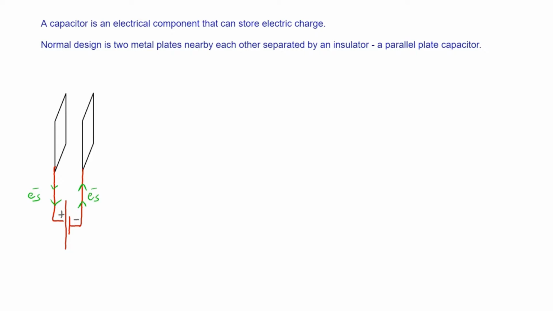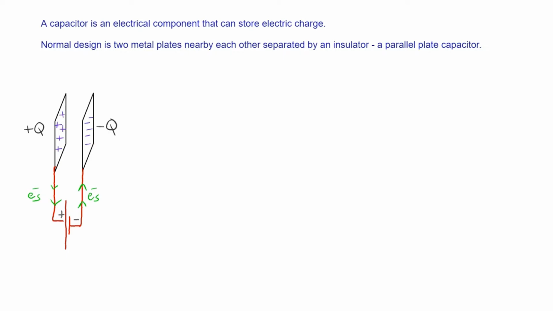So we end up with the left-hand side plate having a few electrons missing, and therefore it becomes overall positively charged. And the right-hand side plate's got too many electrons now, so it's not neutral anymore, and it's got an overall negative charge. We say that the left-hand side plate has gained a positive charge, and the right-hand side plate has gained a negative charge.